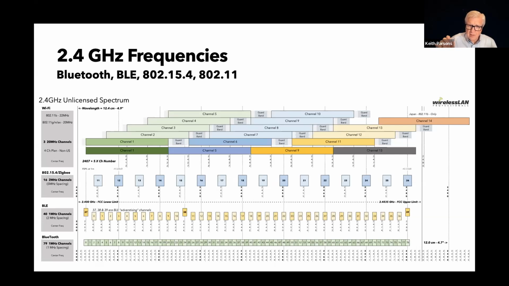Note the green and blue and yellow up on the top for 2.4, how channel 1 and channel 2 have a little guard band in between them. Between channel 1 and 6, there's a guard band, and there's another guard band between 6 and 11. Those guard bands are there to keep from bumping into each other.